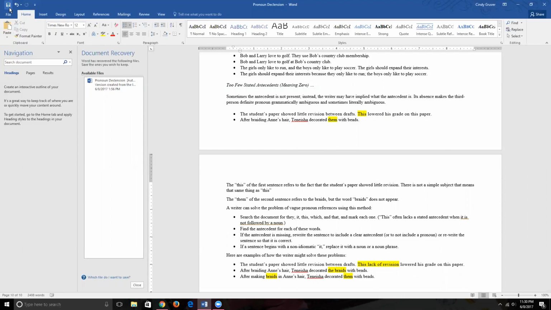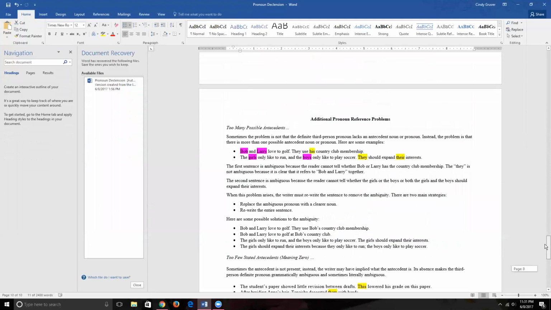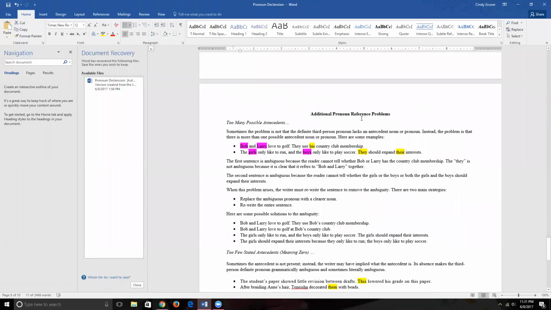But I mean, it's better to be unambiguous and awkward than to be ambiguous and elegant. So I'd probably say this is the better of the two choices, but this is an okay choice as well. So I think that we have completed both of our pronoun reference problems that we haven't already discussed in an earlier lecture. We've discussed the problem of too many possible antecedents and too few possible antecedents.